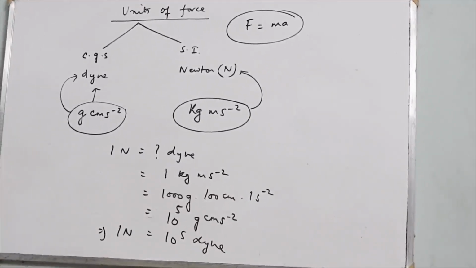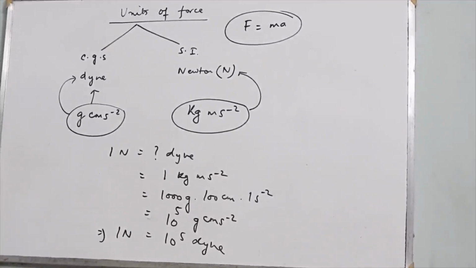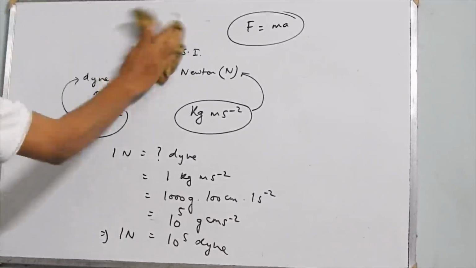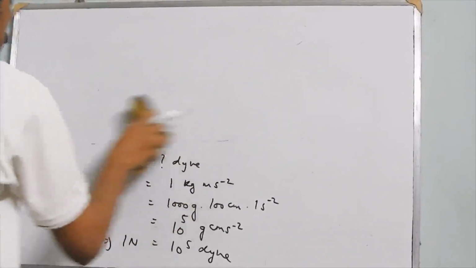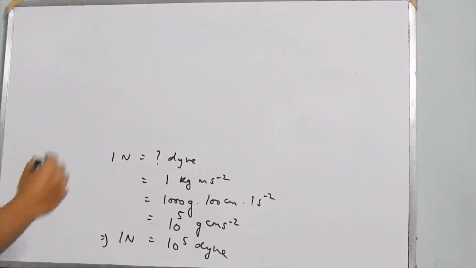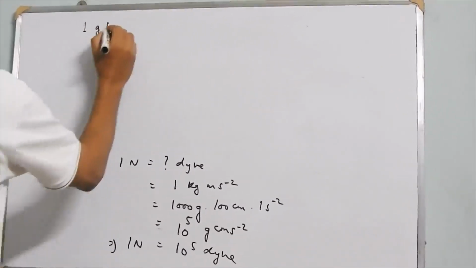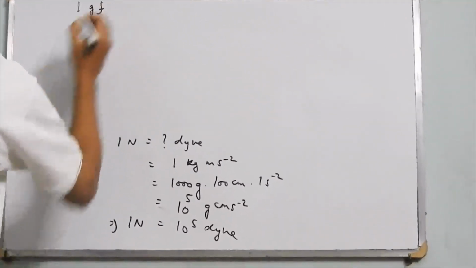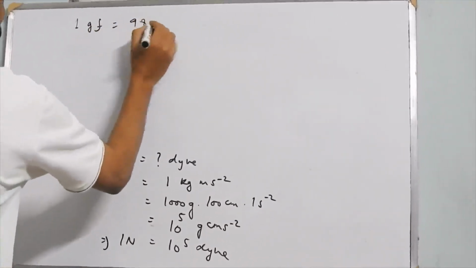So say for example, in terms of the force of gravity, in CGS we have 1 gram force. 1 gram force or 1 GF is 980 dyne.